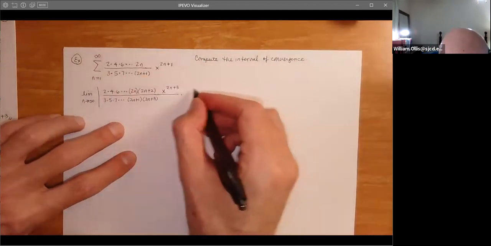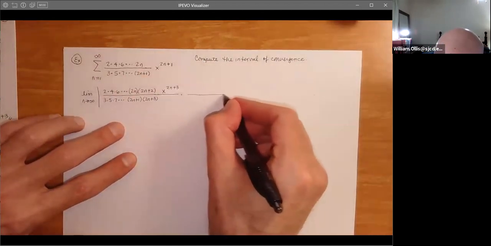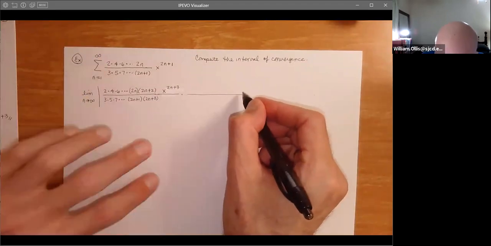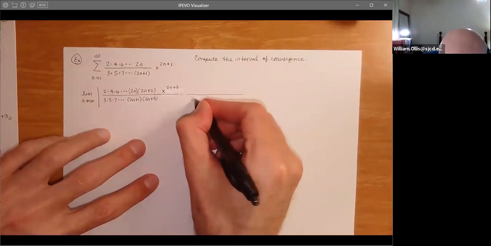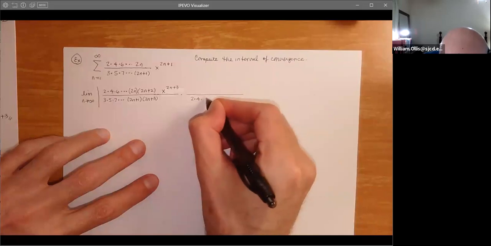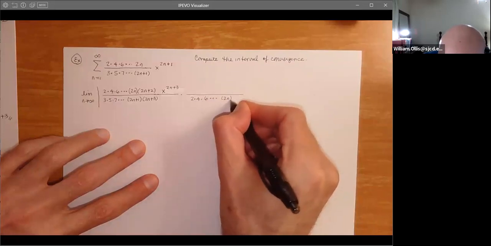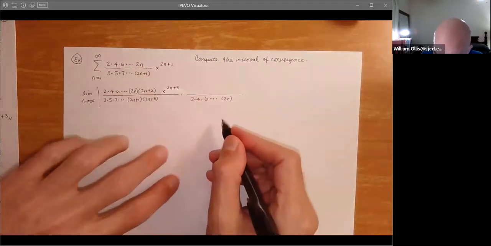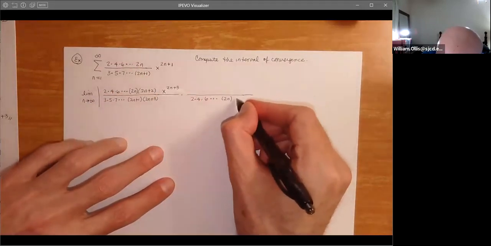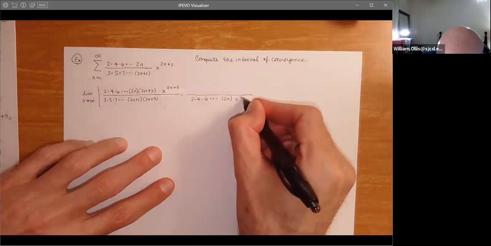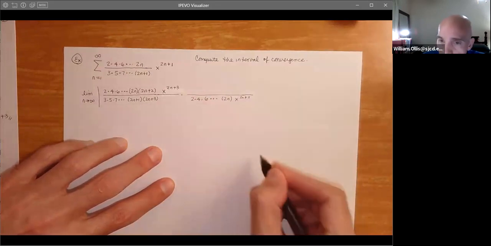Now let's just invert and multiply. So of course the even powers go downstairs too. That'll be easy to work out algebraically. So to the 2n, 2 times n, last factor, and then of course we have x to the 2n plus 1, the power of x.